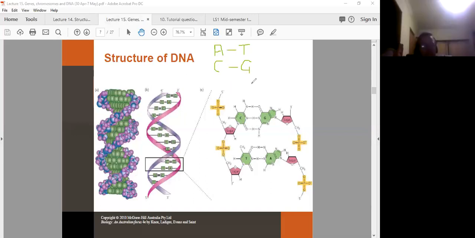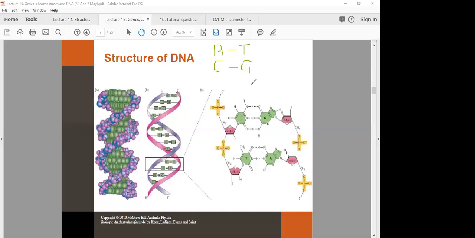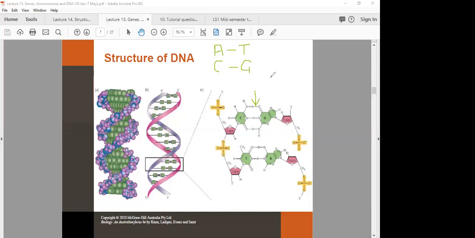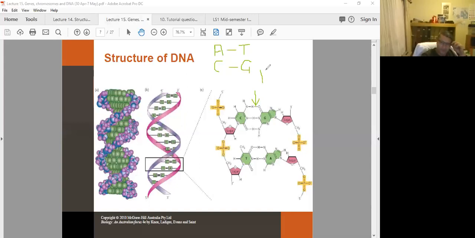Silvana, yes. I thought hydrogen could only have 1 bond. So you're talking about 1 covalent bond. Yes, that's correct. Hydrogen can only form 1 covalent bond, but these are not covalent bonds. Hydrogen bonds are not covalent bonds. They're just interactions. Who can tell me, are they intermolecular forces?